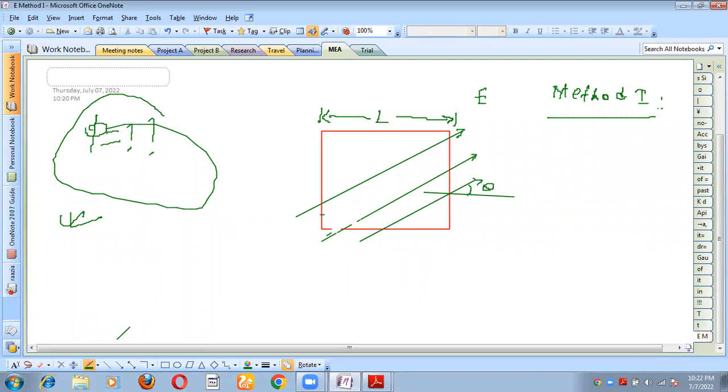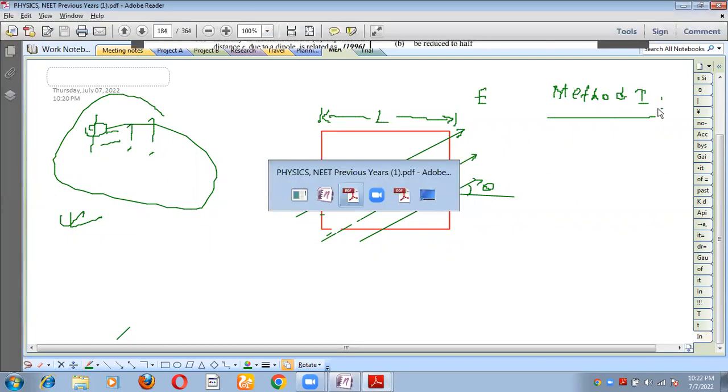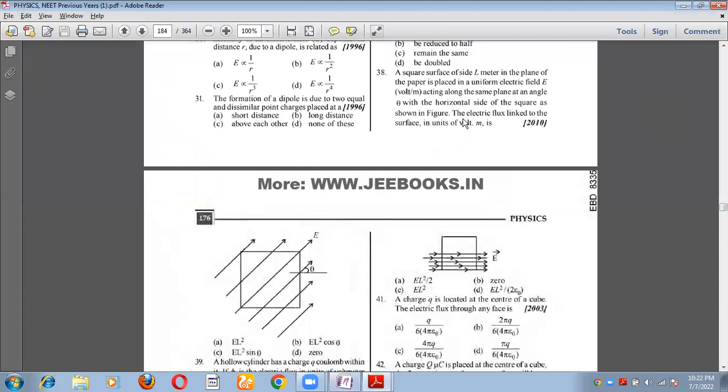Here, there is a clue given in the question. It is said that there is a uniform electric field acting along the same plane. Same plane. What does it mean?